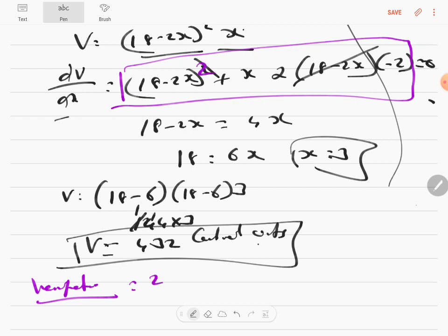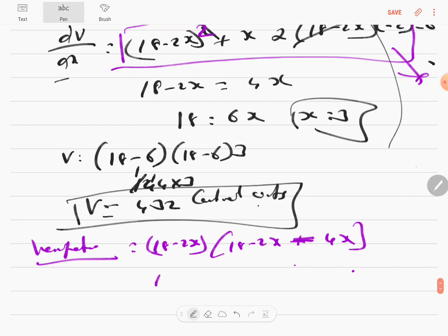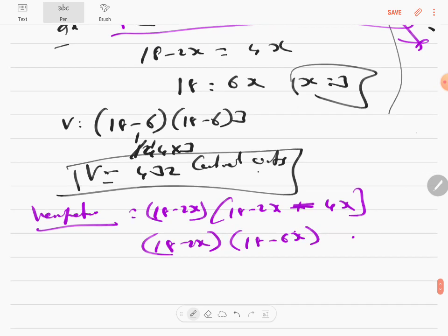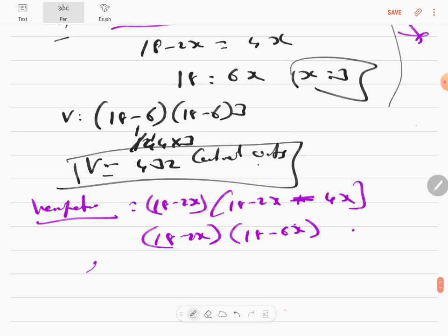So 2 into 18 minus 2x into minus 2 plus 18 minus 2x into 4x... I have to simplify it to do the double differentiation. 18 minus 2x can be taken common. I'll have 18 minus 2x into 18 minus 6x. Now I can do double differentiation.